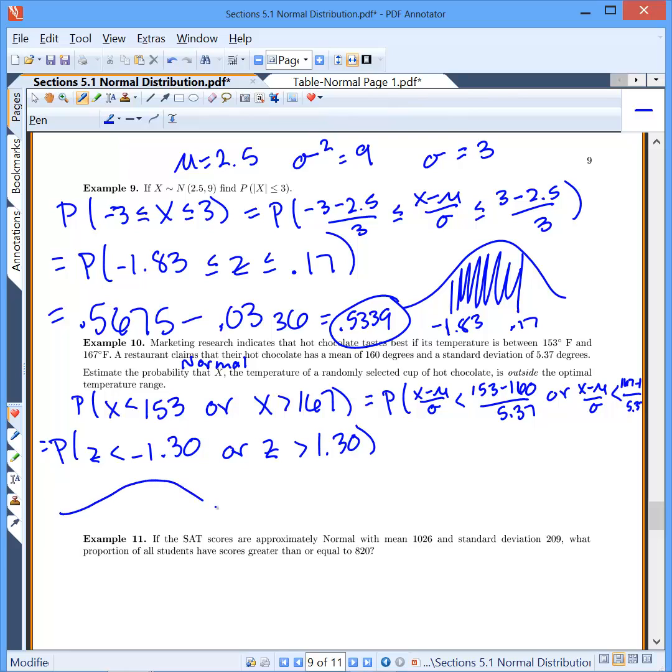Now when you look at your chart, here's my negative 1.30, here's my 1.30, and we're looking for the area in the left tail or the area in the right tail. So let's look for the area to the left of negative 1.3 first.